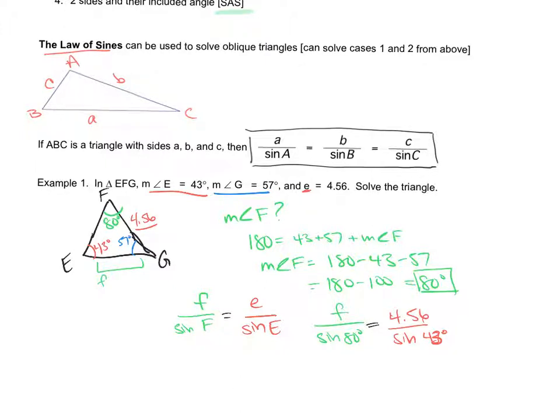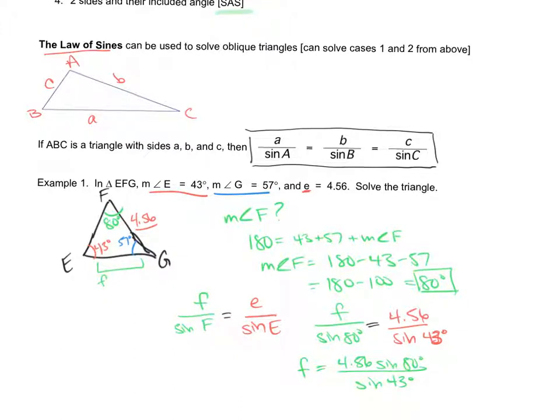When I rearrange this proportion, we can do this by cross multiplying, or in this case, I could just multiply both sides by the sine of 80 degrees. I get that the length of side f is going to equal 4.56 times the sine of 80 degrees divided by the sine of 43 degrees.